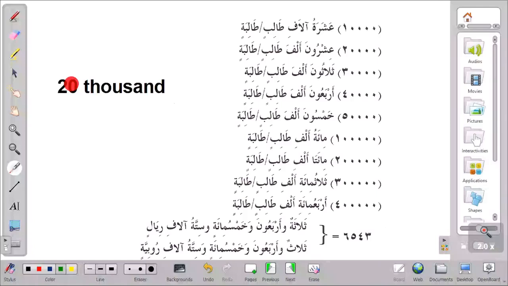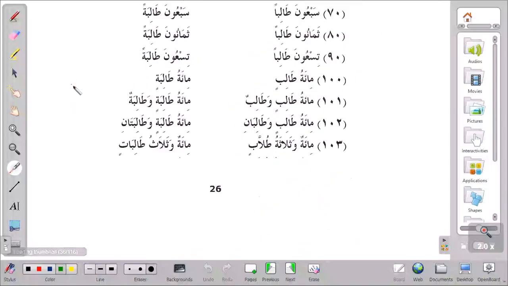From 11 to 99, you can remember that the thing we are counting is supposed to be singular mufrad and then tamyiz. You can remember mufrad and then tamyiz. Let me show you what I'm talking about.